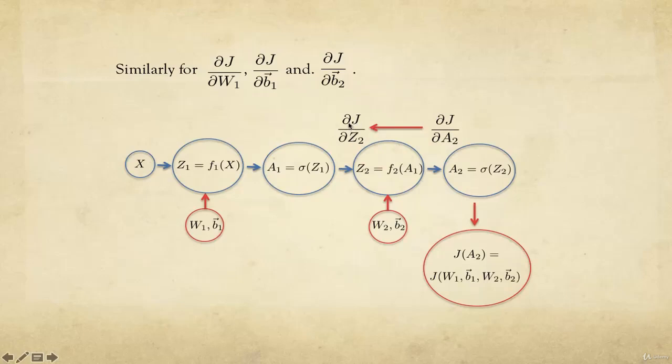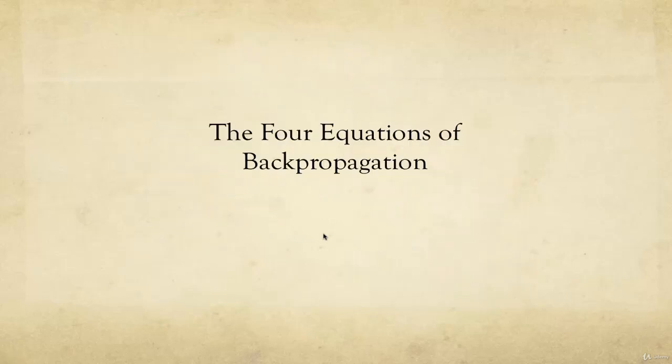In theory, we can also take a step and go to dJ/da1, but it turns out that it's actually easier algebraically to go from dJ/dz2 to dJ/dz1, because those are related, and there's a nice way to write this in terms of this. So we jump and use dJ/dz2 to find dJ/dz1, and then we use dJ/dz1 to find dJ/dW1 or b1. Again, we want to just understand visually this picture so that we can implement the code to backpropagate.